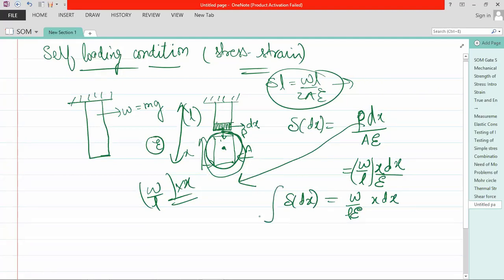Now, this dx element elongation is a delta for this.